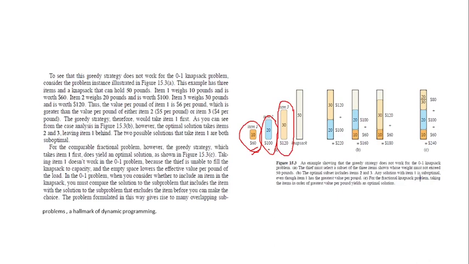So the first one is the maximum. He can take the first item first, because it is the costliest: this is $6, this is $5, and this is $4. So first he fills the full 10 pound of item 1 in the knapsack.